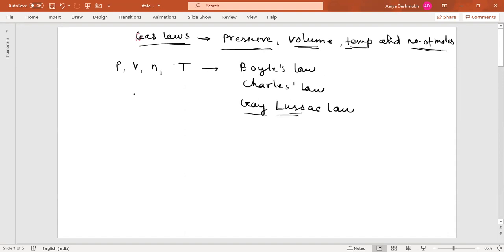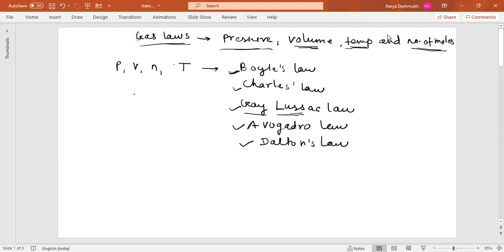This is just the elongation of that law which we studied in that chapter. And next is Avogadro's law. And the fifth one is Dalton's law. So this is 1, 2, 3, 4, and 5. These laws are named after different scientists.